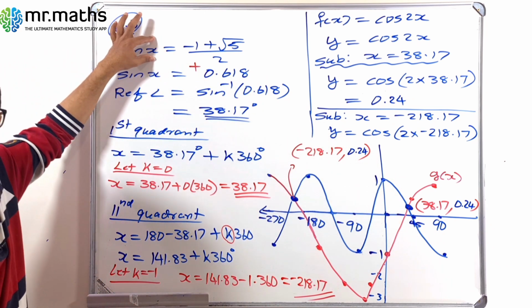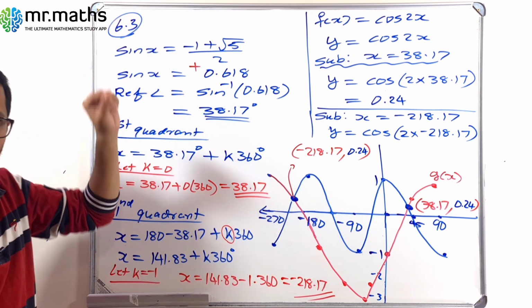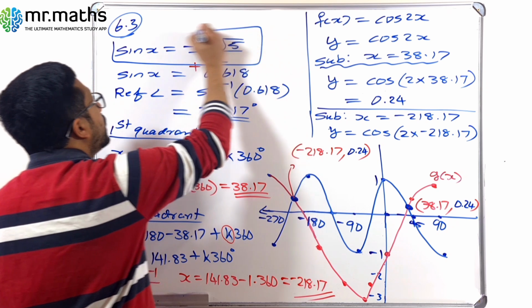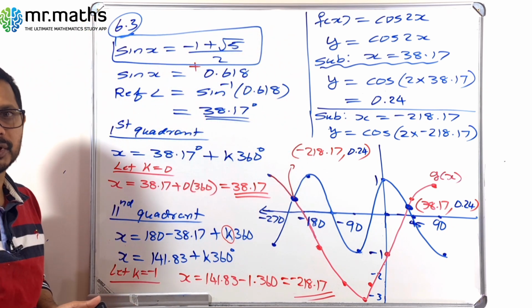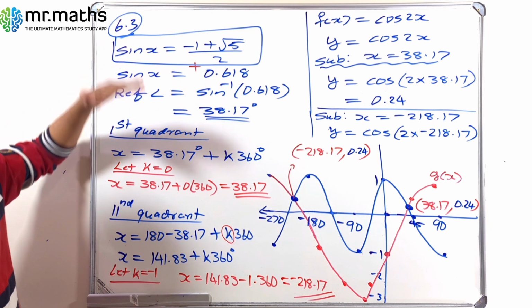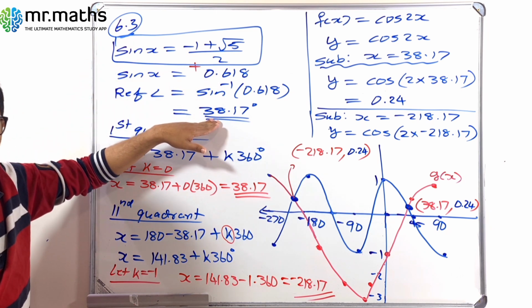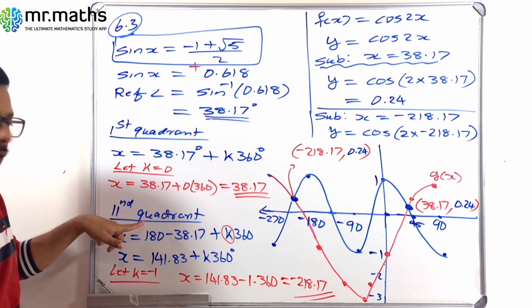We got an expression from the previous question satisfying the point of intersection, the x value of the point of intersection. So from that expression we got a reference angle 38.17, and sine is positive in the first quadrant and second quadrant.